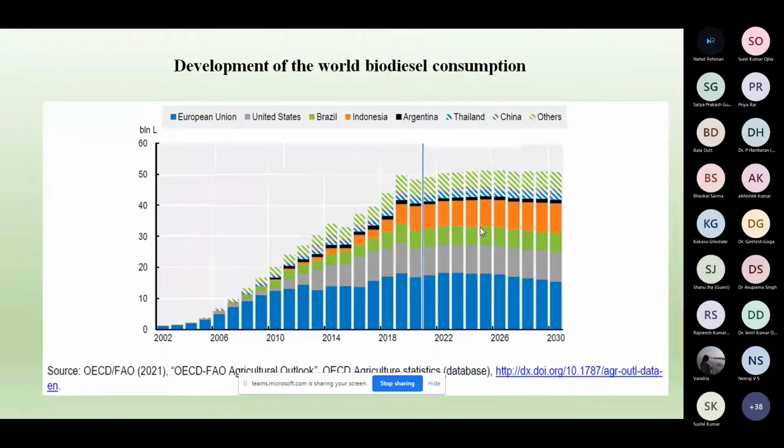Okay. Similarly, if you see the biodiesel based economy, then also you see that European Union is leading, followed by the US, and then Brazil, then you have Indonesia, and then Brazil. Okay, this is a very clear representation, a very nice graph they prepared for interpreting.